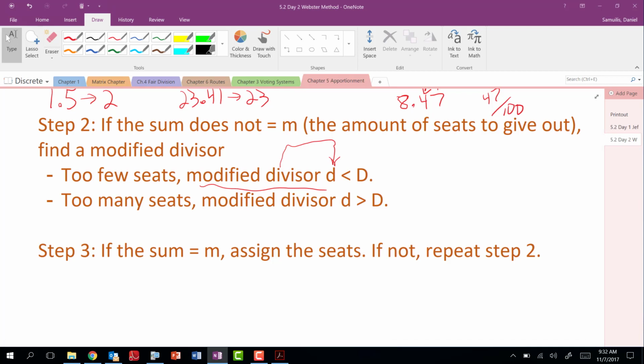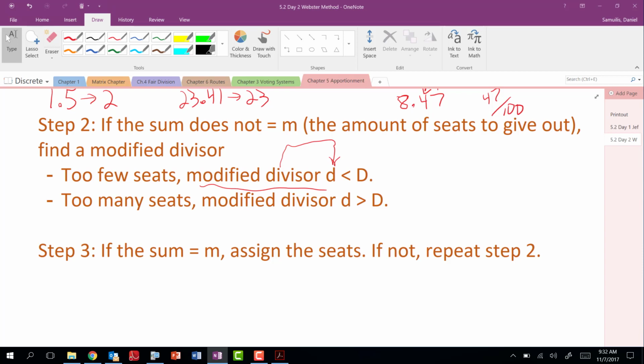So if the sum does not equal M, and M is what we used for a letter that said the amount of seats to give out for the House of Representatives. We had the bottles thing yesterday. How many bottles were given out was M, whatever. Then you have to find a modified divisor. It's mathematical common sense.